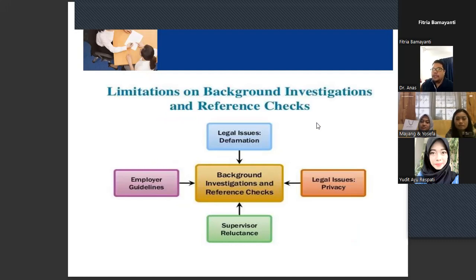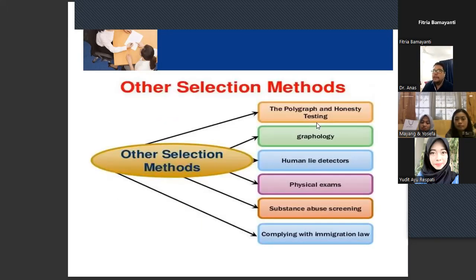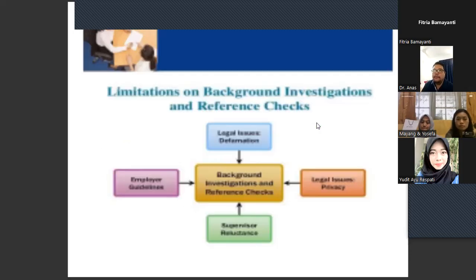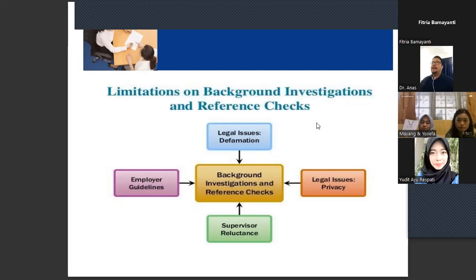And then also the next slide. So this is a limitation of background investigation and reference check.